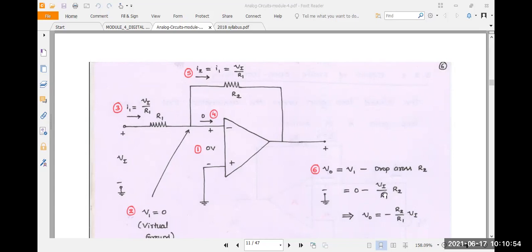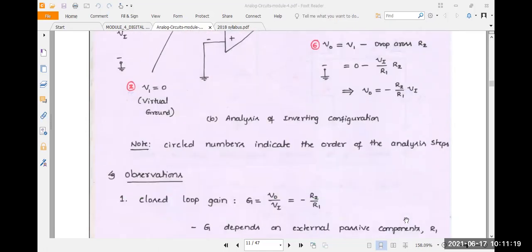I1 is Vi by R1. Simplifying, V0 is equal to minus R2 divided by R1 into Vi. This is the final equation for V0 of the inverting amplifier. Understood?